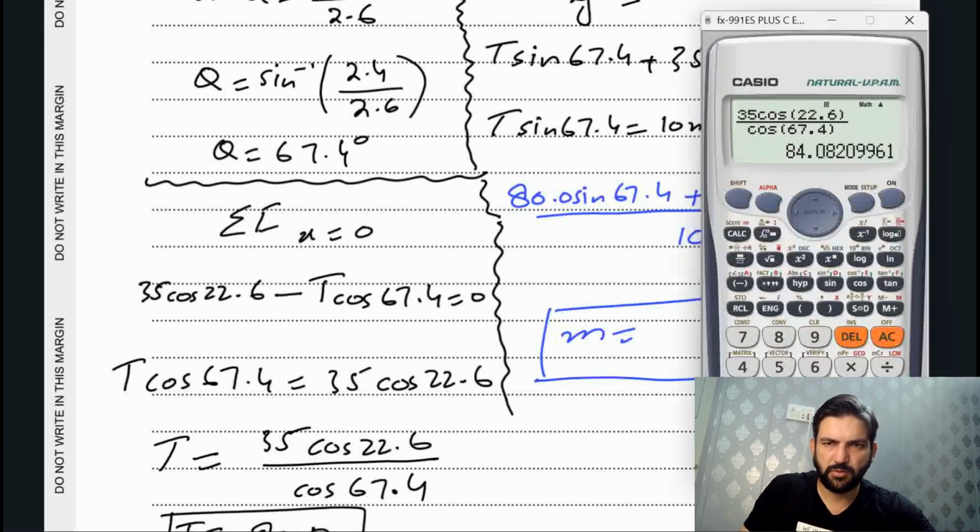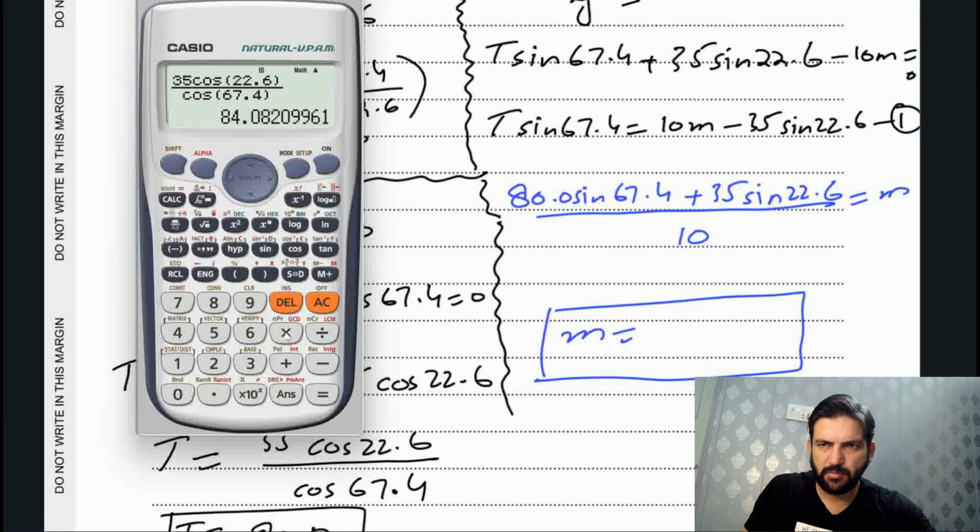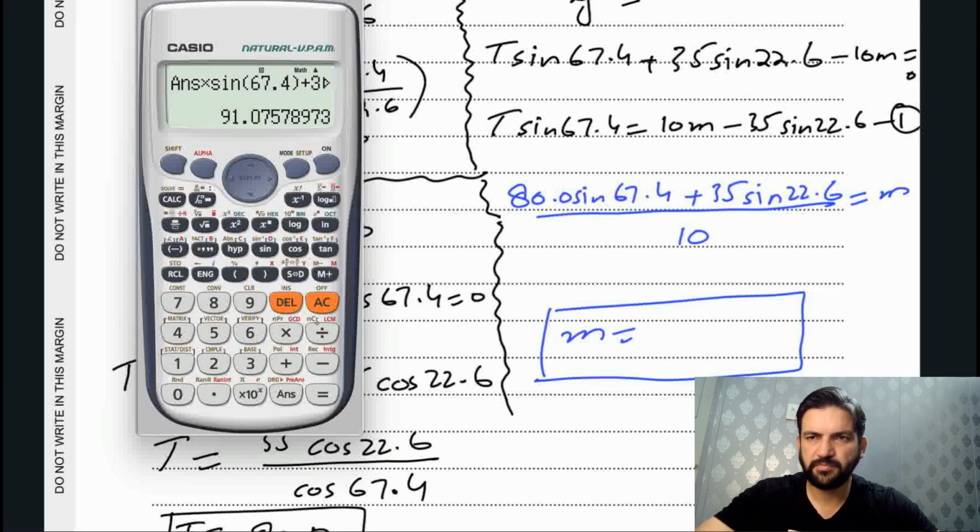So m will be equals to 80.08 multiplied by sine of 67.4 plus 35 sine of 22.6, bracket close, divided by 10. So this will be equals to 9.107.